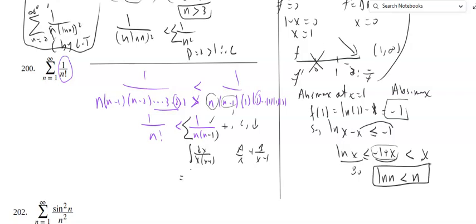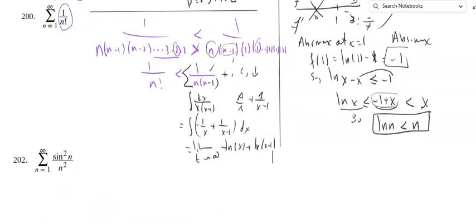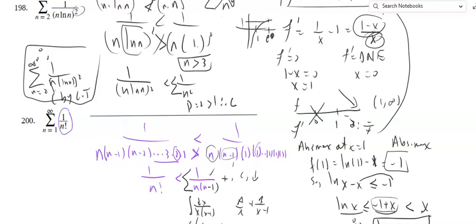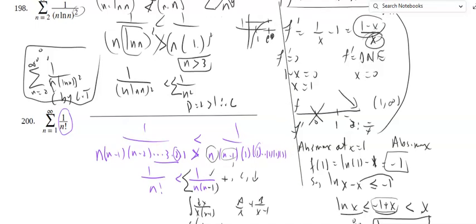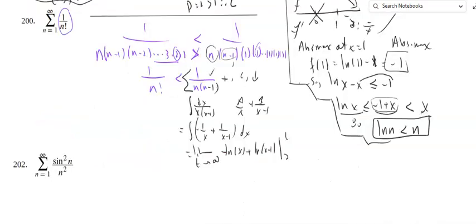So this is going to turn out to be the integral of negative 1 over x plus 1 over x minus 1 dx, which is the limit as t approaches infinity of negative natural log of x plus natural log of x minus 1 evaluated from 2 to t, because I can't choose infinity anymore, I take a limit.